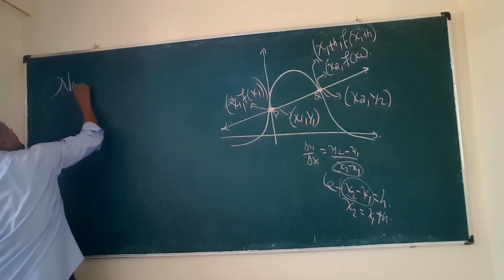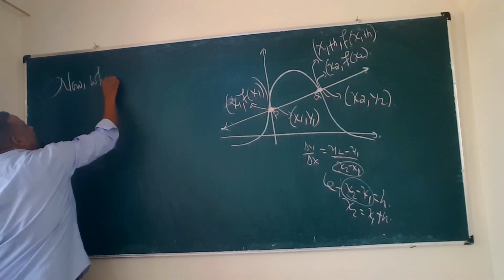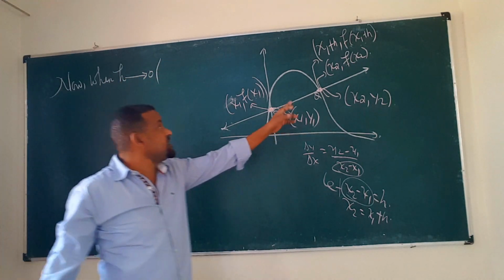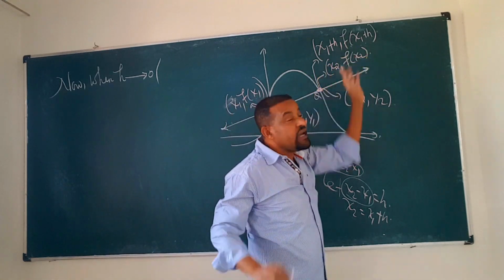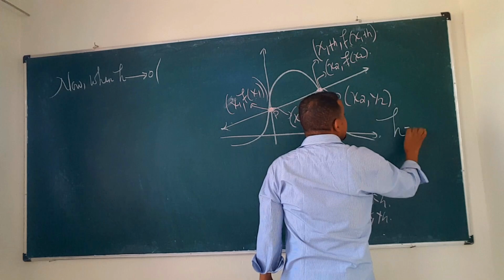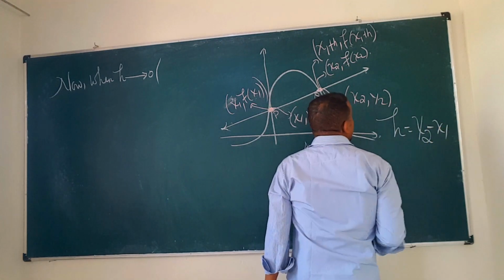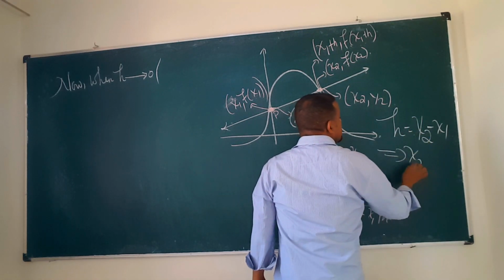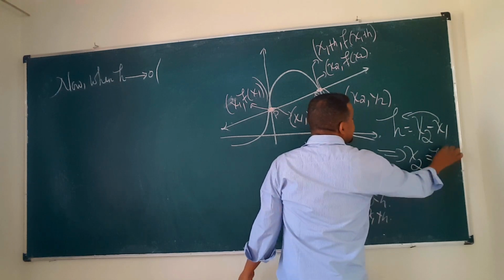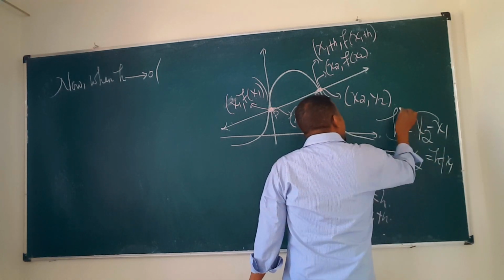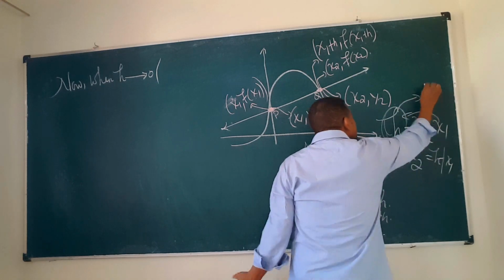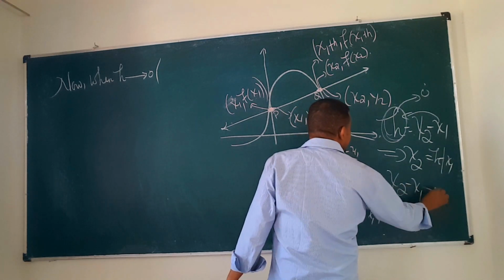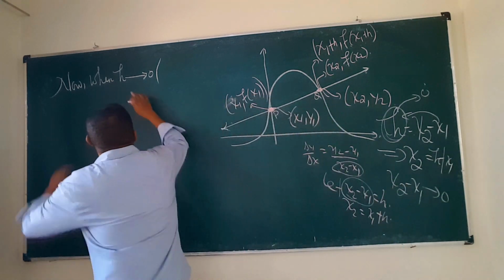Now, look, when h is approaching 0. ይሄ h ማለት እንዳትረሱ the difference between x1 and x2 ነው። በx2 እና በx1 መካከል ያለው ጋፕ ነው። ሶ ከዚህ ምን አገኘን? x2 ማለት h + x1 አለን። አሁን ይሄ h ወደ 0 ሲቀርብ ነው እያለ ያለው። በሌላ አነጋገር the gap between x1 and x2 approaches 0.